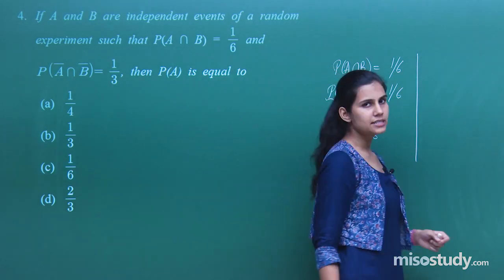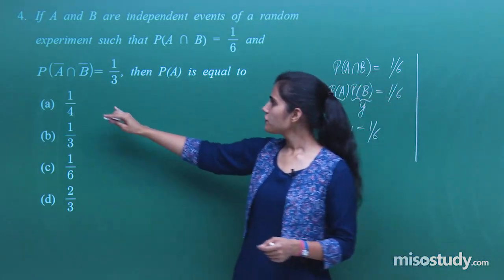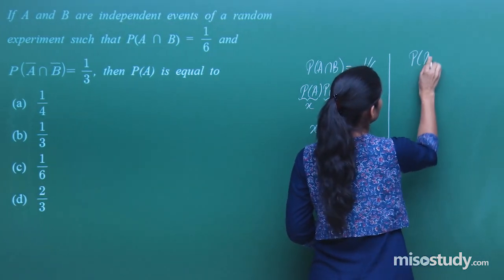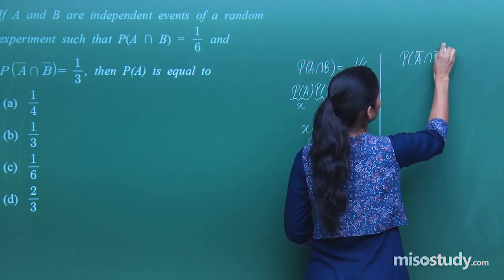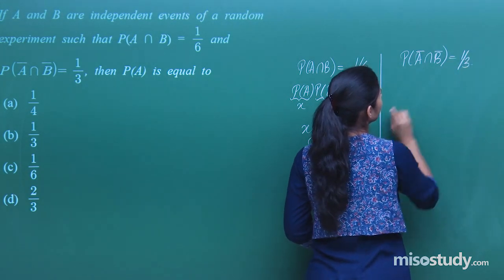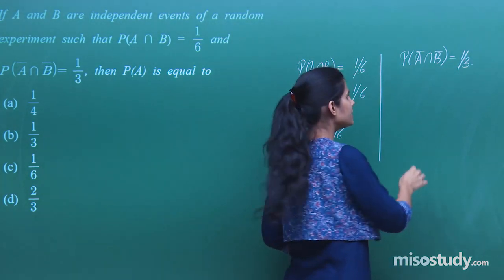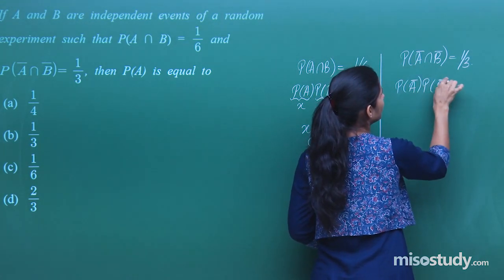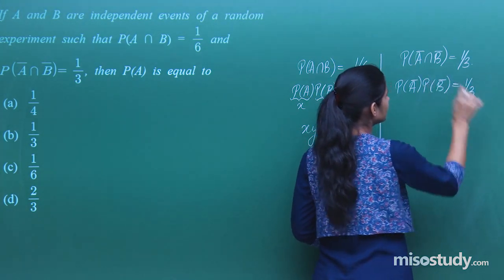Now, the next thing is you are given that probability of A bar intersection B bar is 1 by 3. Now, again, if probability of A bar intersection B bar is 1 by 3, again A bar and B bar are independent events, so you get probability of A bar into probability of B bar is 1 by 3.